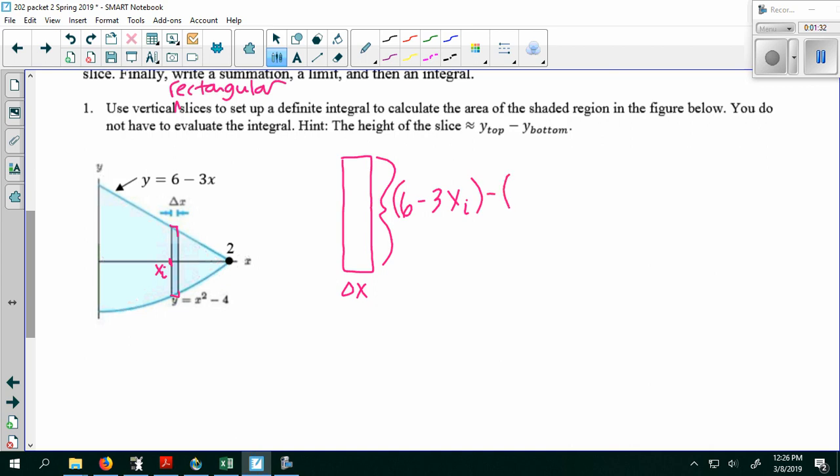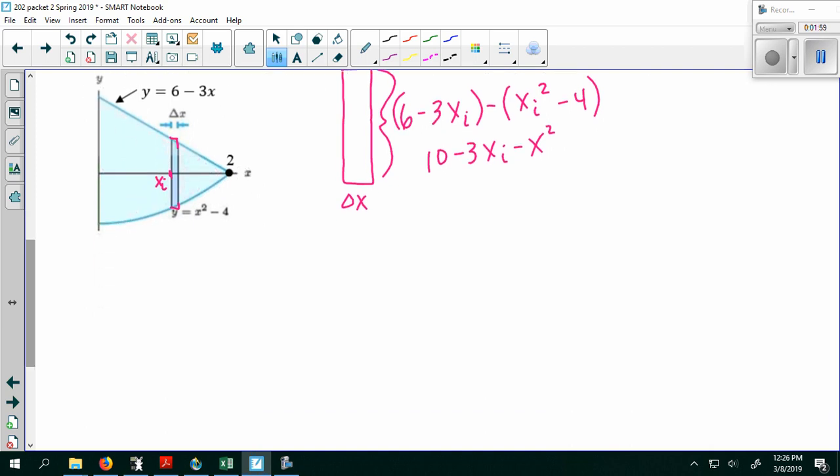Minus the height on the bottom, that's the height of the curvy function underneath the x-axis, also evaluated at the x value x sub i. So this is x sub i squared minus 4. So when you simplify this, you get 10 minus 3x_i minus x_i squared. Just distribute the negative and combine like terms.